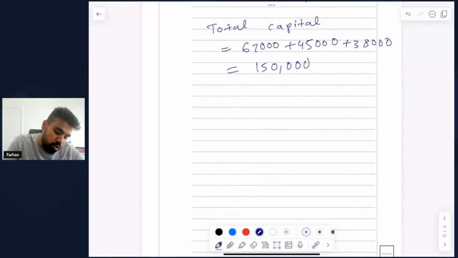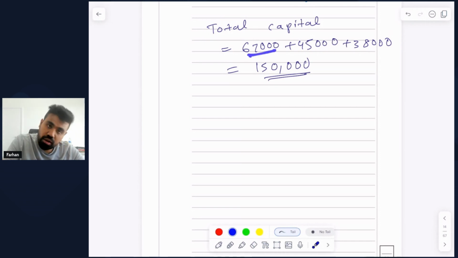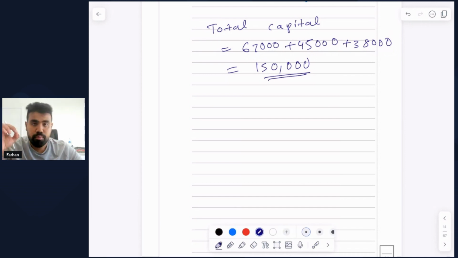We know that the total capital invested is 150,000 pounds within the business. 67,000 belongs to Angela, 45,000 belongs to Bennett, and Christoph has invested 38,000 pounds. So first I have to calculate the proportion in which we should divide the losses, which the question explicitly said to divide based on the capital balances at year end. So let's do that.